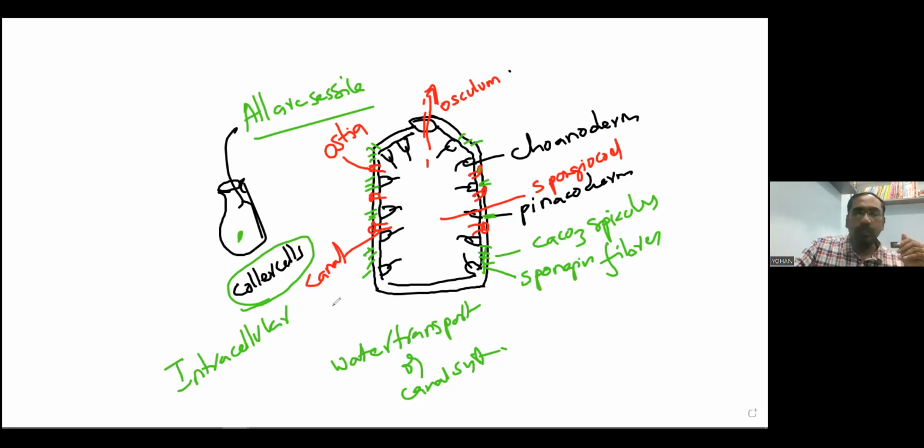Then coming to the sexes, sexes are united, meaning bisexual, meaning monoecious. Very, very important: fertilization is internal.